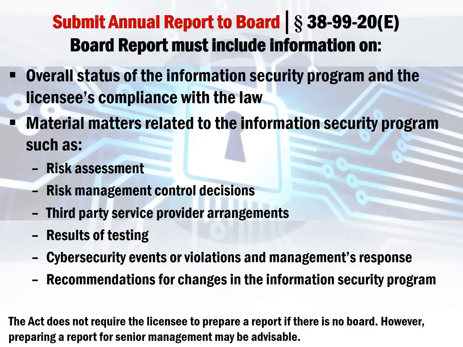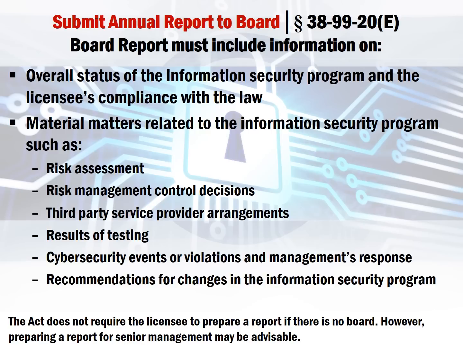So the first internal report, if you have a board of directors: you must submit to them an annual report that discusses the overall status of your information security program, touches on information regarding compliance with this Data Security Act, and must also include any other material matters related to the information security program.